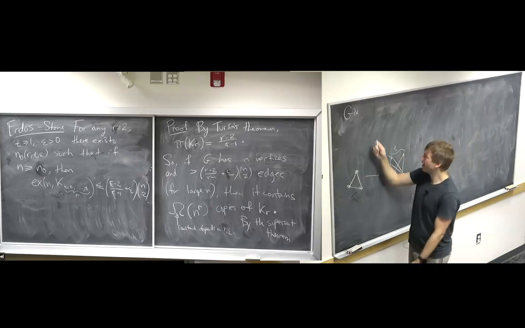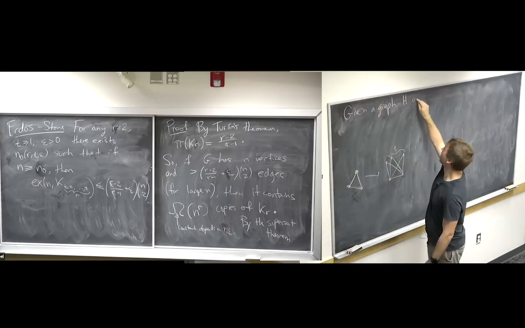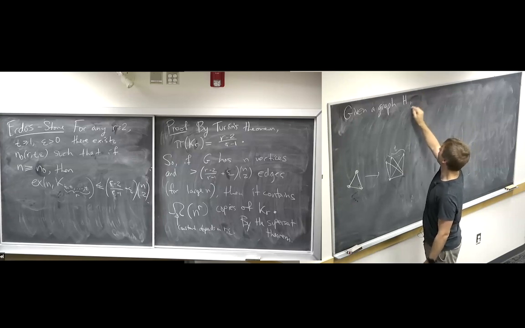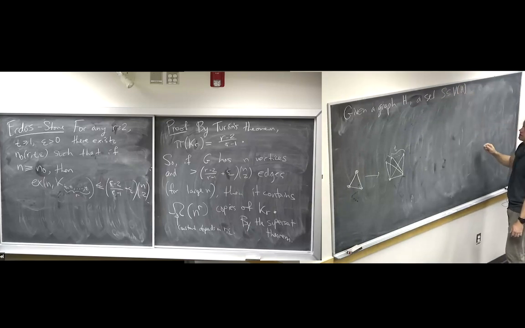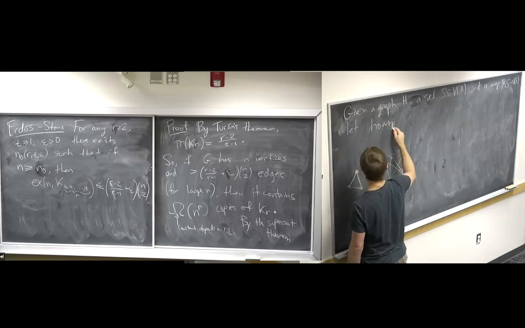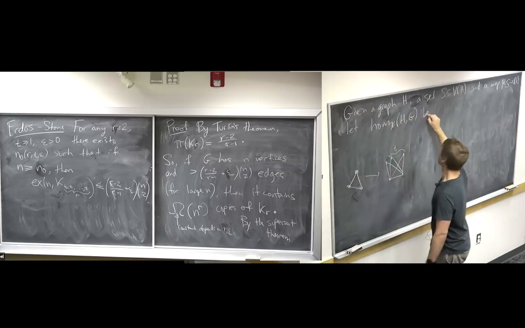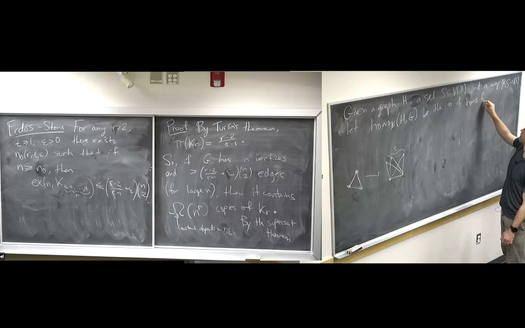So anyway, I'm going to say, given a graph H, a set of vertices S, and a map psi from S to the vertices of G, let hom_psi(H, G) be the number of homomorphisms from H to G that extend psi.